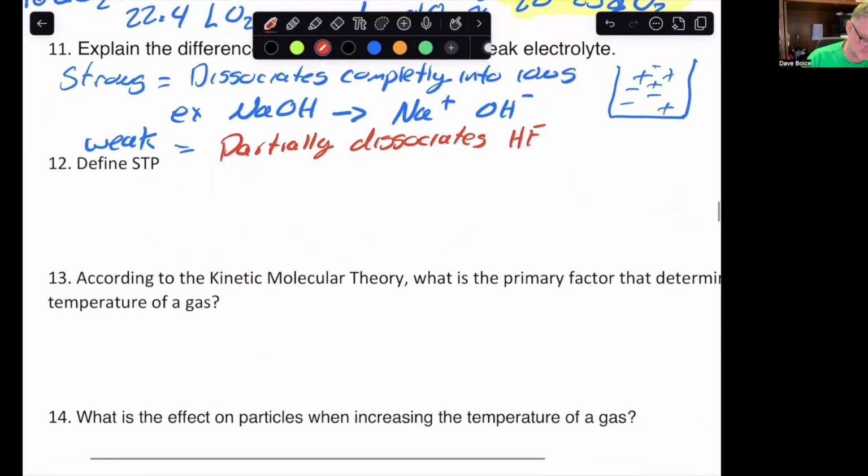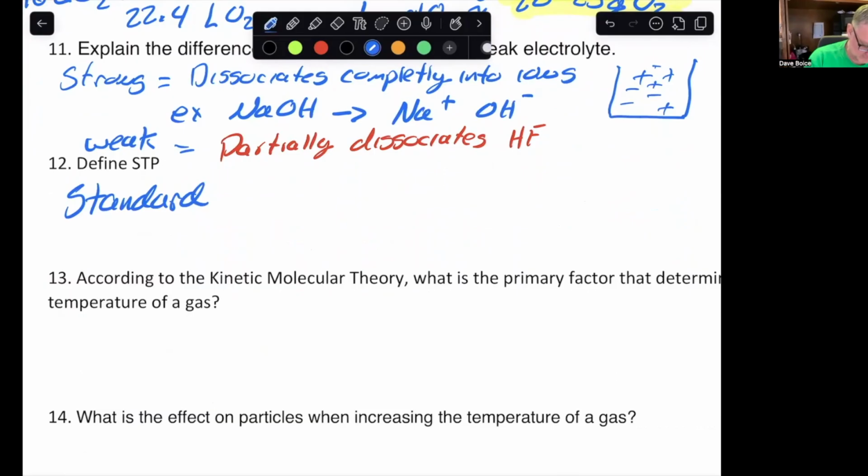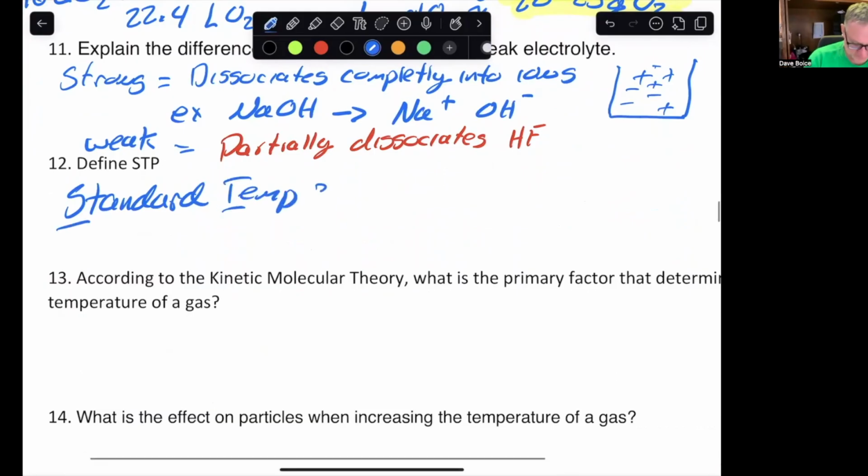Okay, define STP. This is a pretty easy one. That is going to be standard temperature and pressure, and that's going to be 0 degrees Celsius.